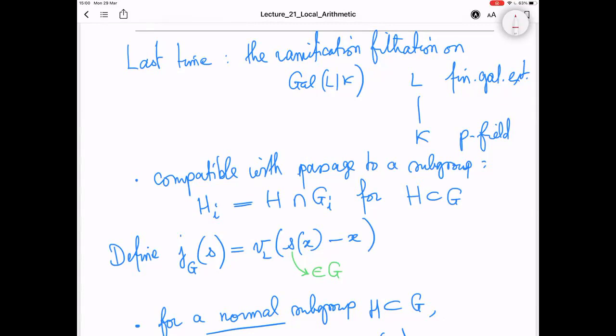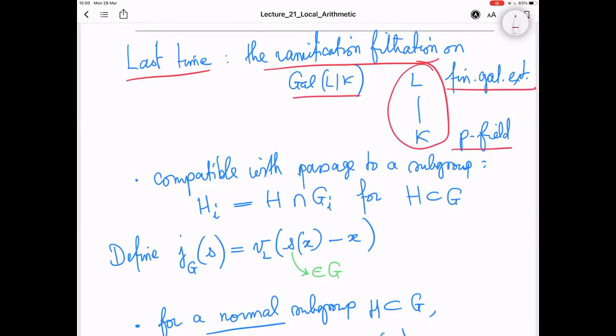Okay, let's start. So last time, what we did was the introduction of the ramification filtration on the Galois group of a finite Galois extension of a P field, right?